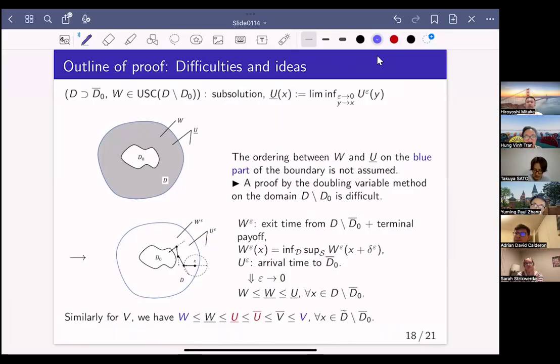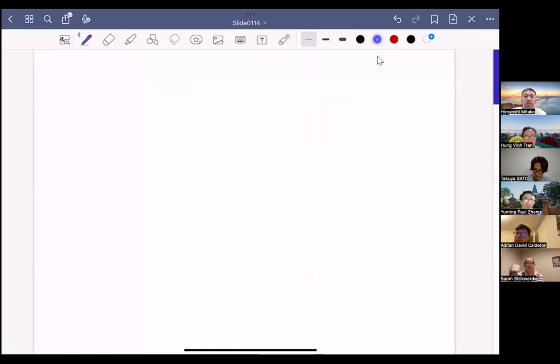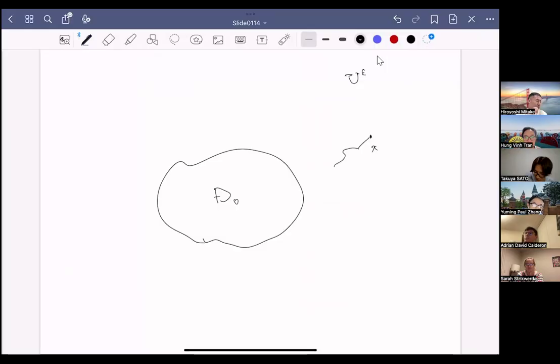Yes, game W epsilon is, this is a given domain, and U epsilon is the hitting game from the starting point X to D0, and player one's goal is to hit D0.